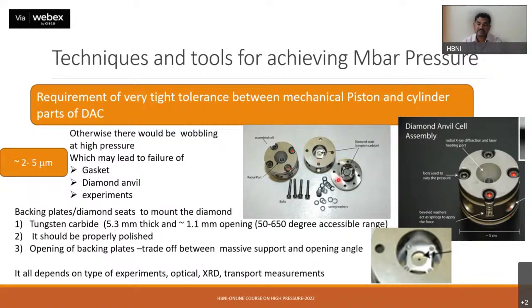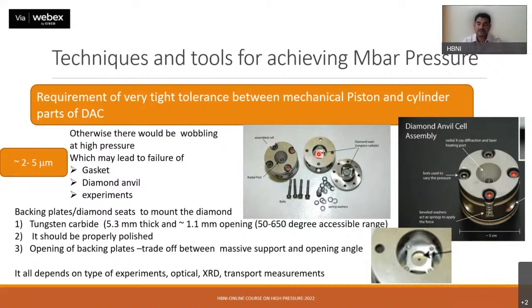This cylinder and this piston fit into each other. So there is a tolerance between the inner diameter of the cylinder and the outer diameter of the piston body. If the tolerance is higher, then this is a kind of loose fit, and you can very easily fit one into the other.